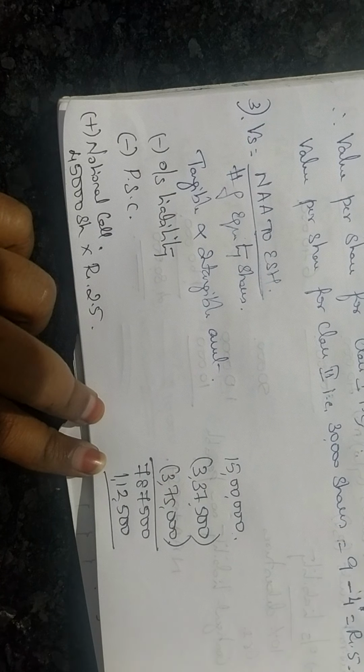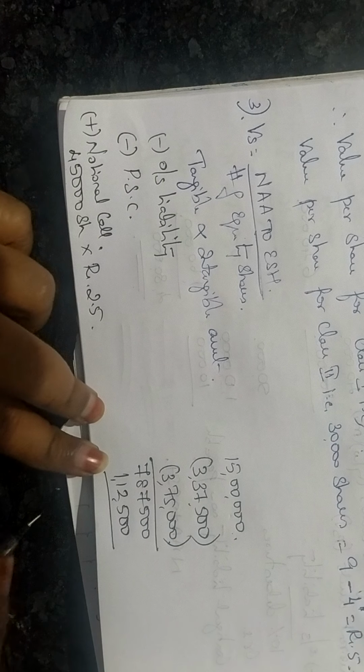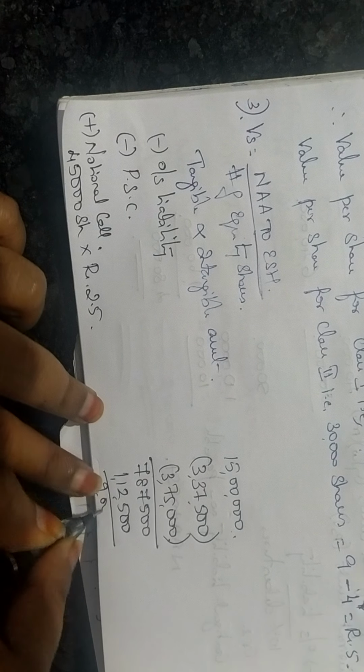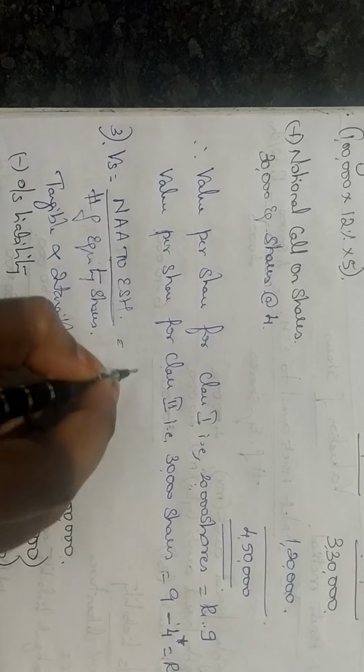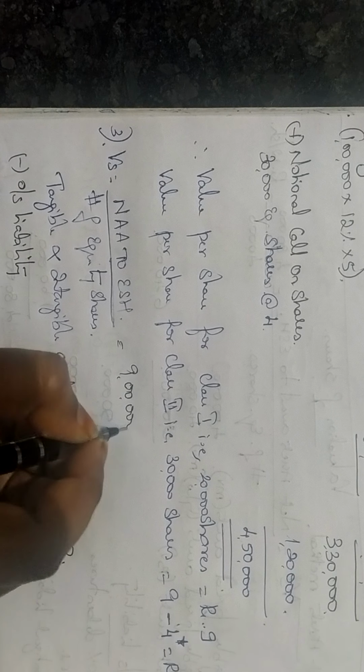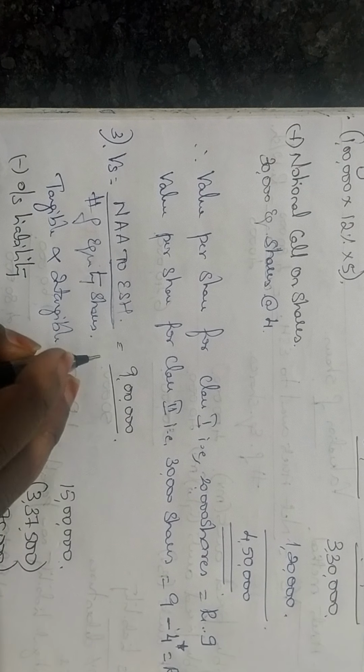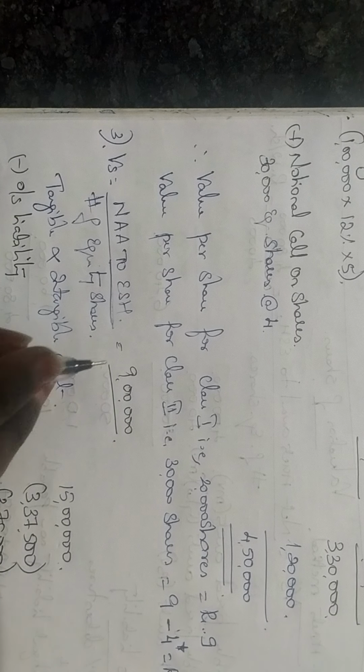So now your total net assets available is 1,12,500 plus 7,87,500. It is 9 lakh. Therefore your net assets available will be 9 lakh divided by 45,000 second class, 30,000 is the first class.